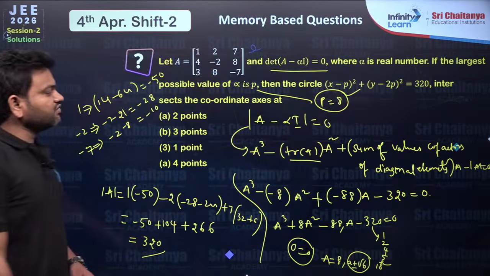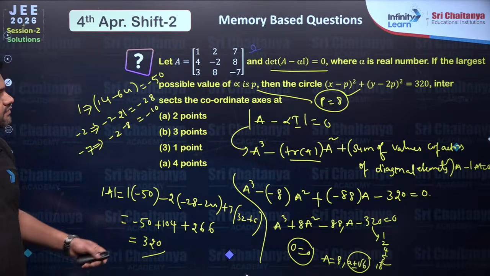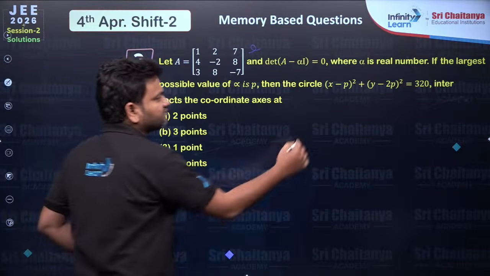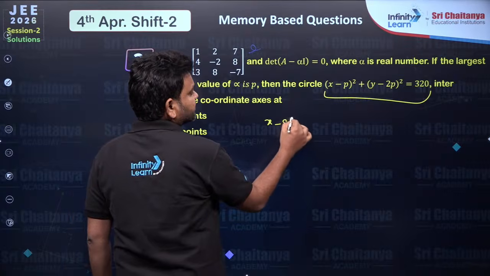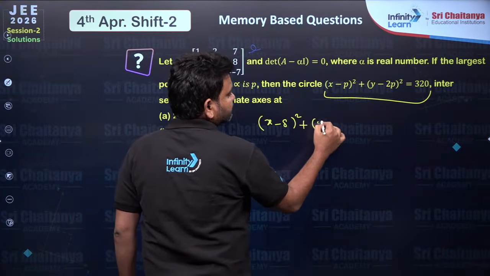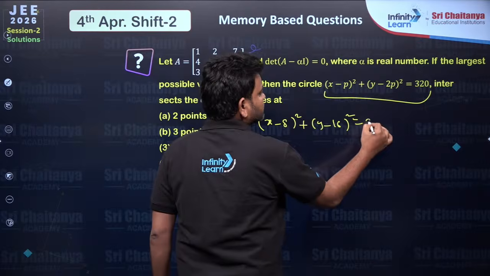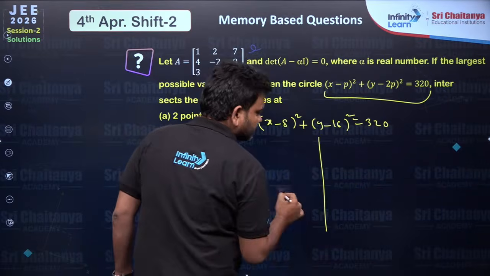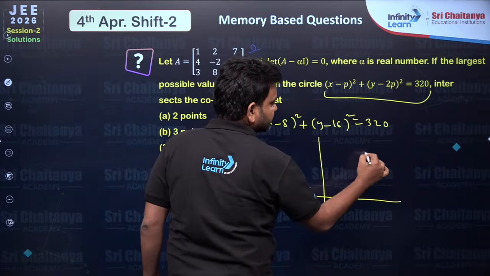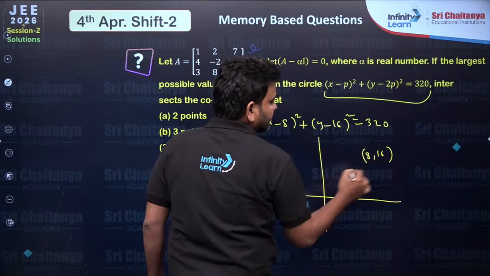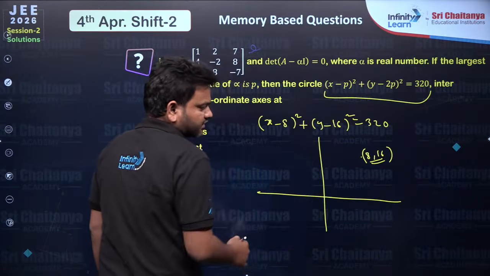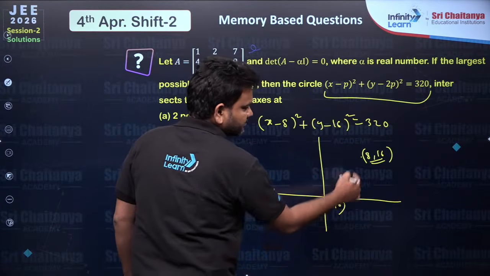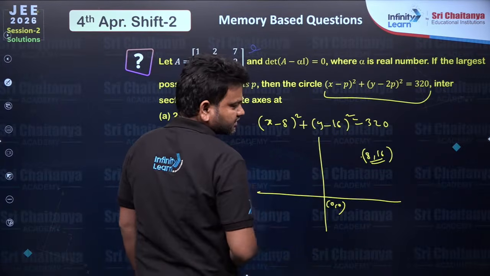Alright. So if the value of p is equals to 8, then here we are given a circle. So this is going to be x minus 8 whole square plus y minus 16 whole square is equals to 320. So the circle will be having the center at 8 comma 16, and if you observe the distance from the center to the origin, the origin is 0 comma 0, and here we have the point 8 comma 16.